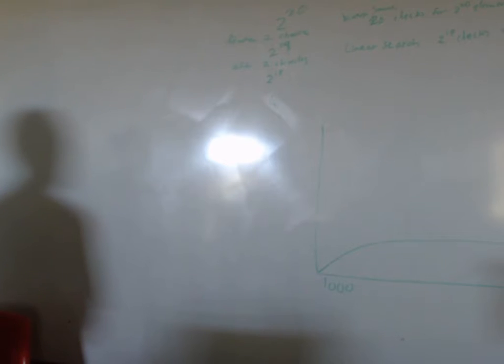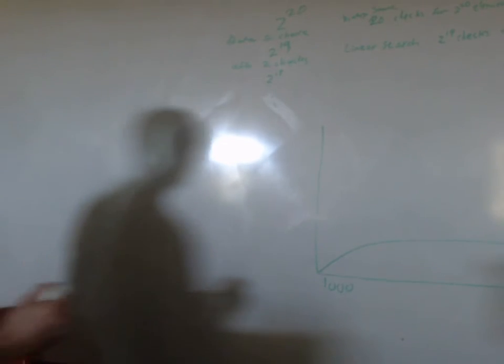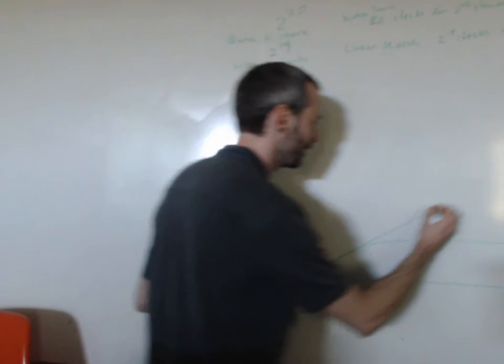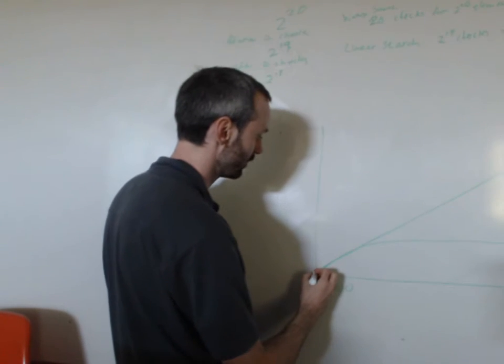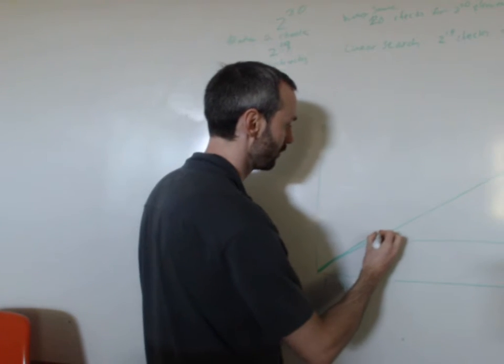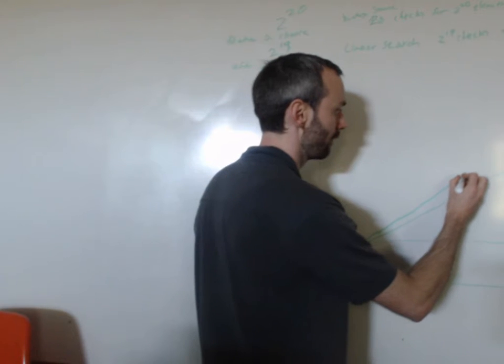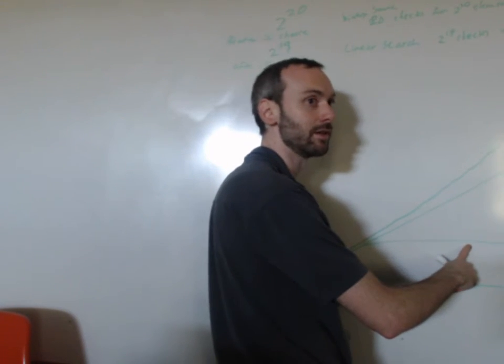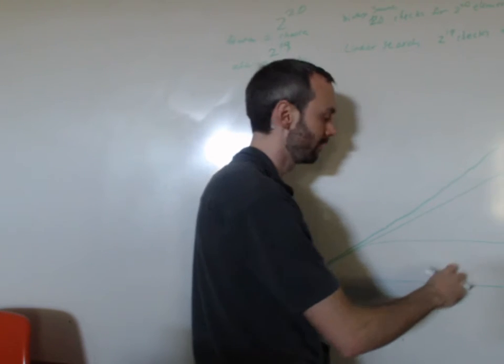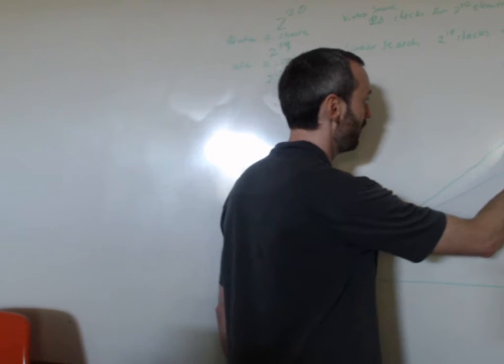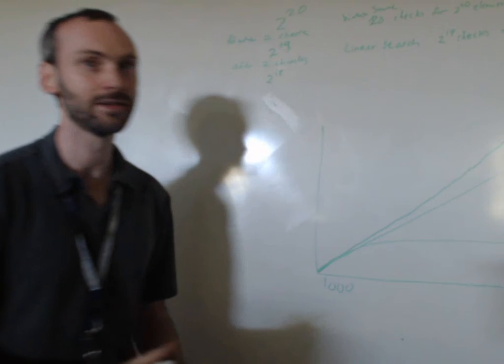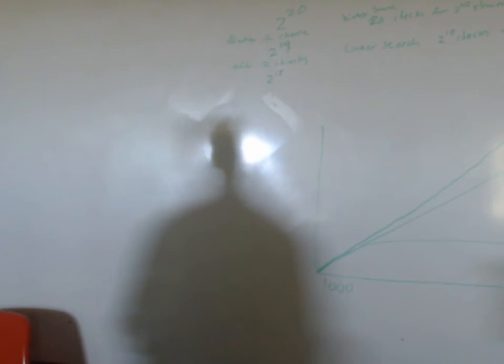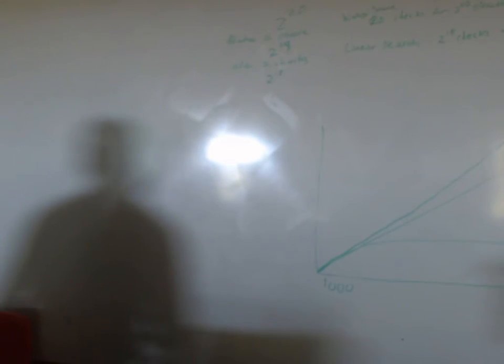N log n is different, because n is going to look like this, and n log n grows by that times log n. So it's going to grow a little faster than n, but not too much more.